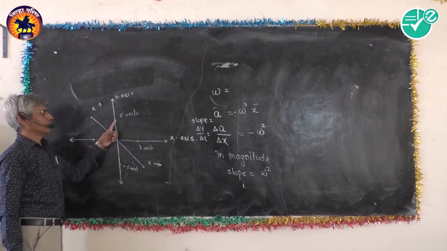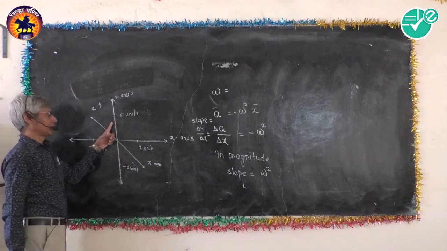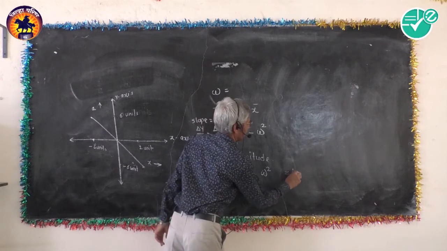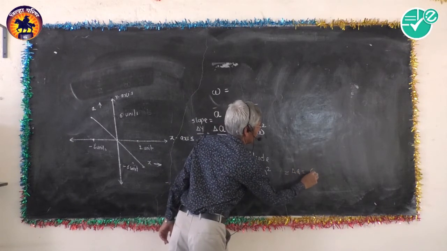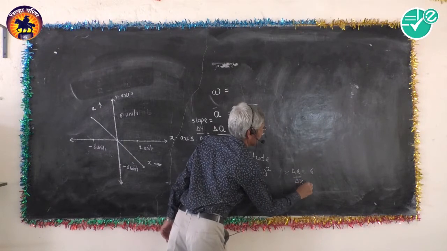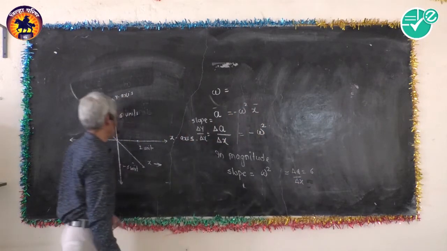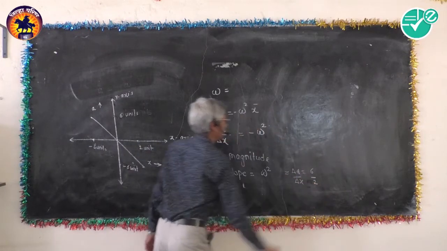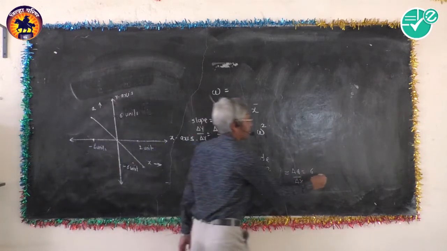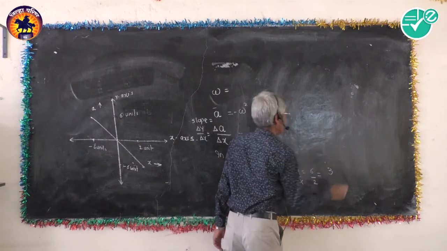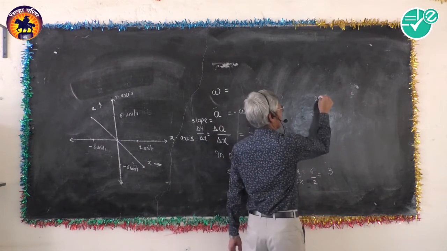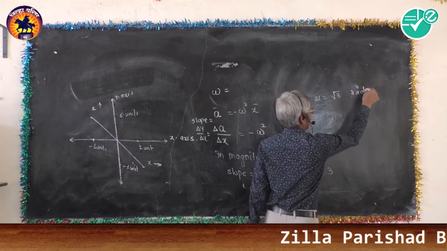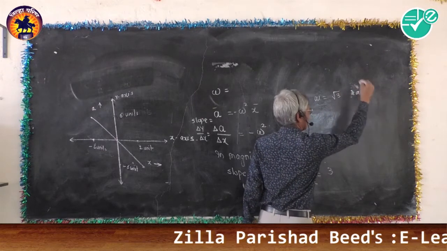We can find the slope as delta a equal to 6 divided by delta x, which is equal to 2. So it becomes 3. So omega square is 3, and omega becomes root 3 per second.